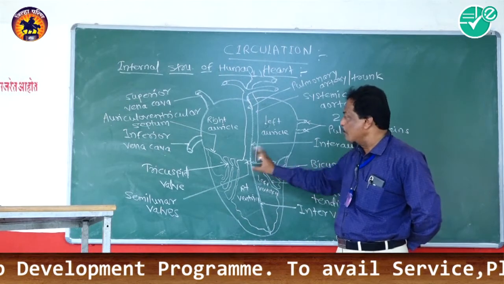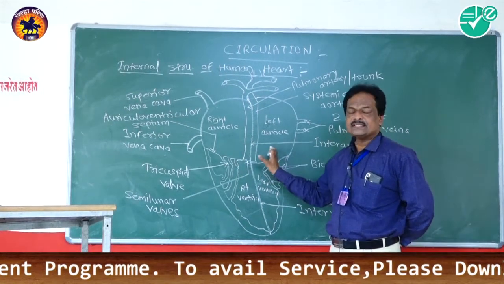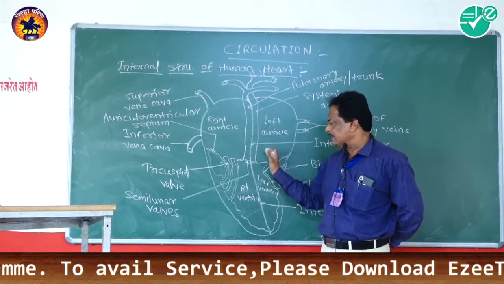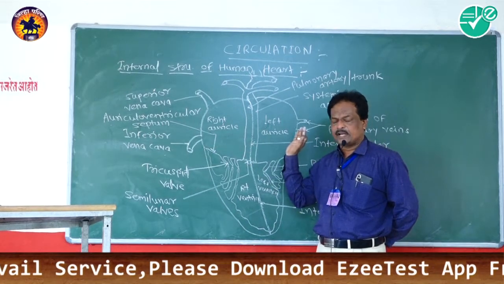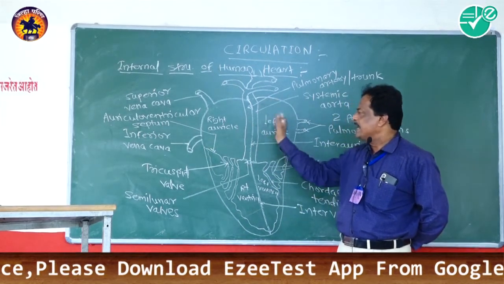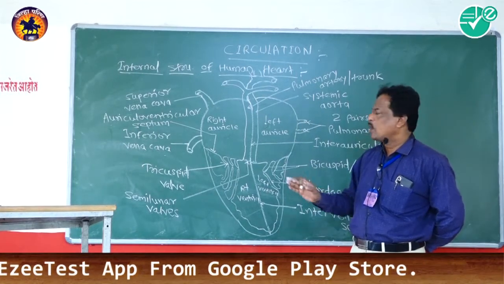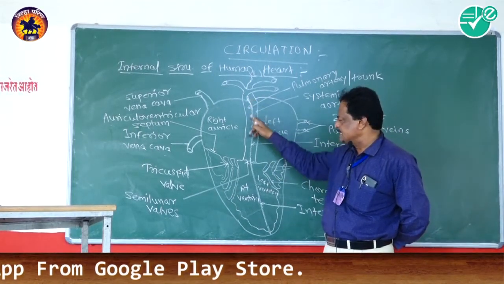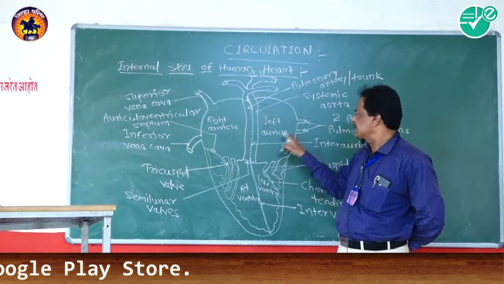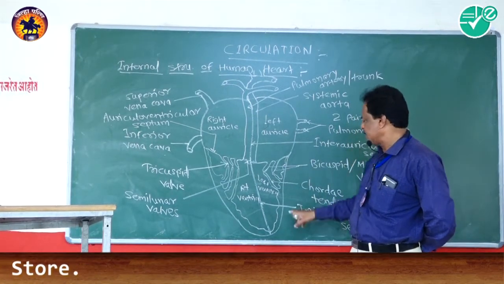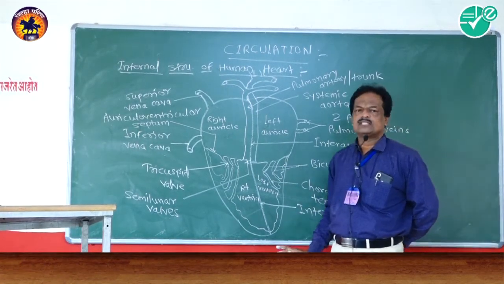Means there is no mixing of blood in the structure of the heart, because the right and left sides are completely separated from each other due to the presence of two vertical septa, that is, the interauricular septum and the interventricular septum.